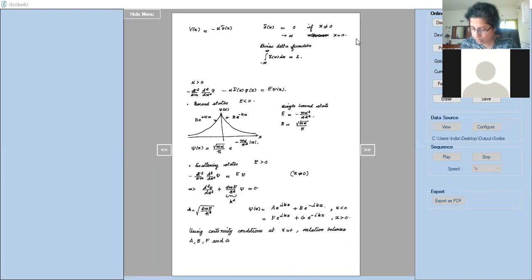So continuity for psi would essentially imply that these two factors should be equal at x equal to 0, which leads you to A plus B equals F plus G. I think we had done this already last time.